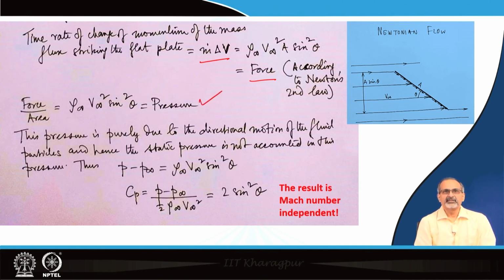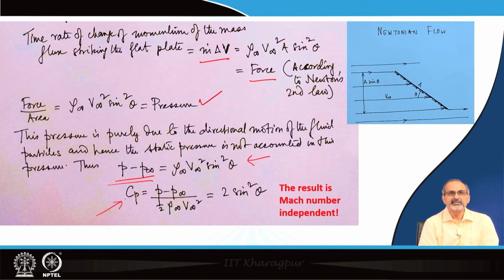However, this pressure is purely due to directional motion of the fluid particles, because Newton did not talk about the random motion of the particles which would lead to static pressure, and therefore, essentially he talked about P minus P infinity, giving rise to the rho infinity V infinity square sin square theta expression.